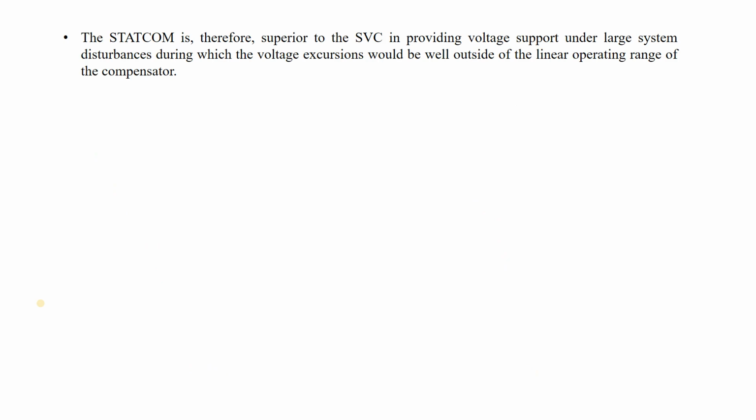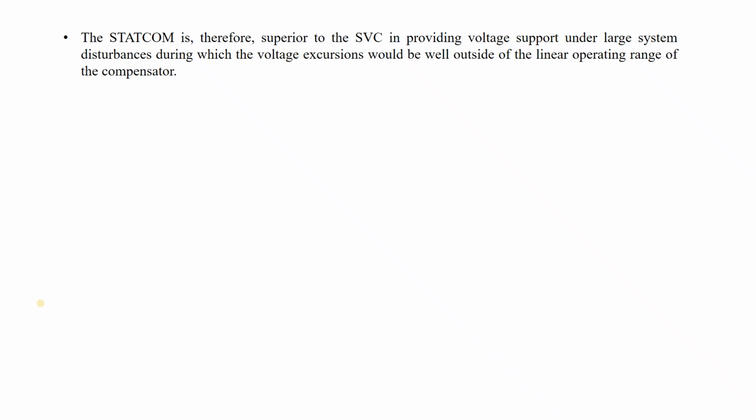So the STATCOM is therefore superior to SVC in providing voltage support under large system disturbances, during which the system excursions would be well beyond the linear operating range of the compensator. Disturbance means when there is a fault in a system. If there is a fault in a system, what will happen?